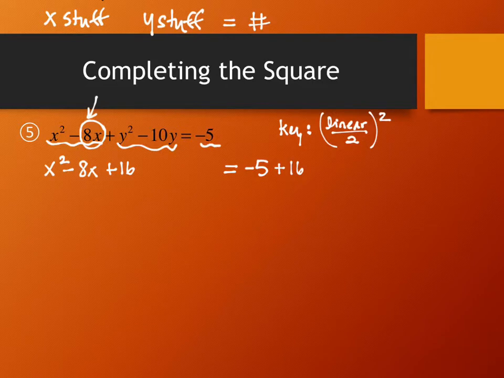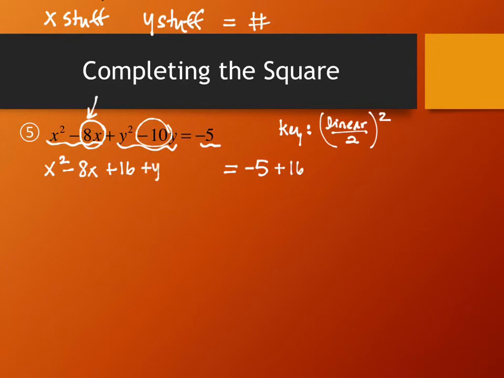Okay, we're going to do the same thing with the y term. We look for the linear term here. So that's my 10. I take 10, or negative 10, either way. I divide by 2 and I get 5. And then I square it and I get 25.